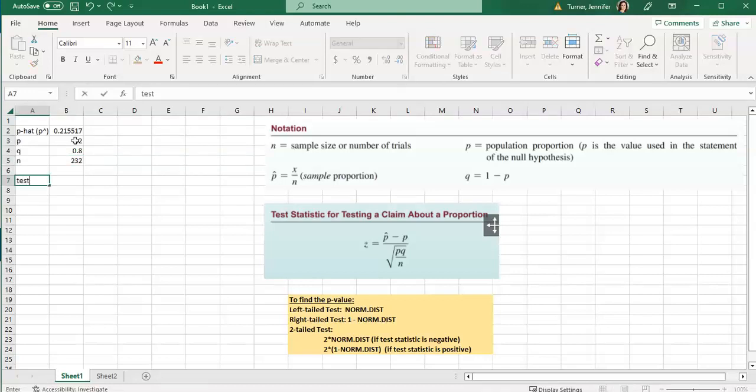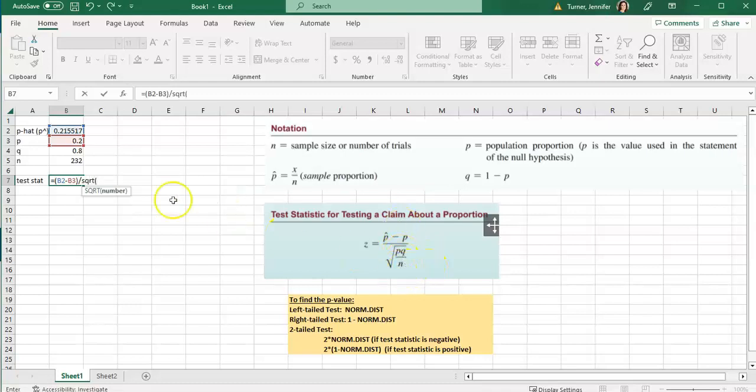So now to do the test statistic, we're just going to try to create this formula right here by making our own formula in Excel. Every formula starts with an equal sign, so we're going to start with an equal sign, and then in parentheses at the top, we're going to do p hat, which was this guy, so we just click on it, and Excel will bring the number in that cell right over into the formula, minus p, which was this guy, right, p hat minus p in the numerator, and we close the parentheses to close off that numerator, divided by, now to do a square root, we type SQRT and open a set of parentheses.